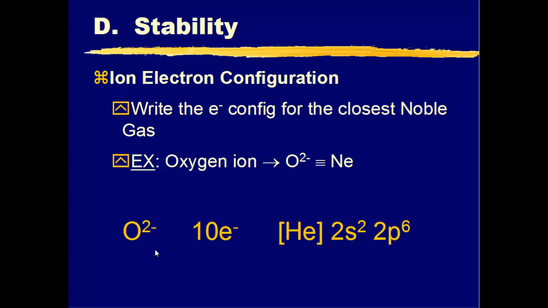Instead of 8 electrons, we find oxygen ions with 10 electrons. So instead of the configuration ending in 2p4, it ends in 2p6. The oxygen ion has a total of 10 electrons, just like neon does, and that gives it extra stability.